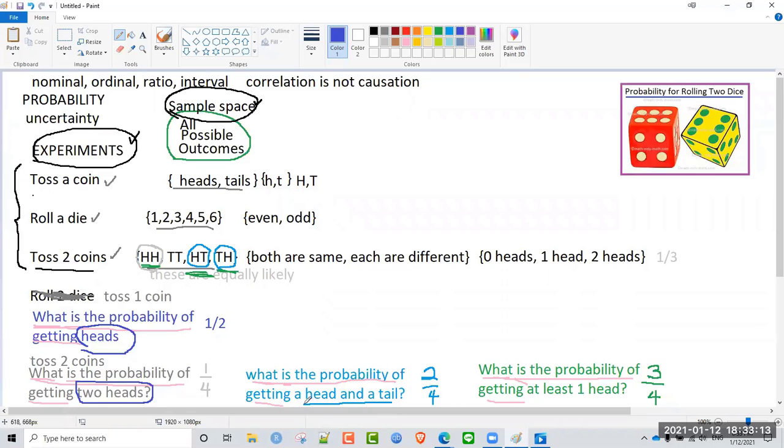A head and a tail. And how about this one? At least one head. Okay. So part of the question is the same, but part of it is different. Okay? So the part that is different, we're going to call an event. So let's write that down.